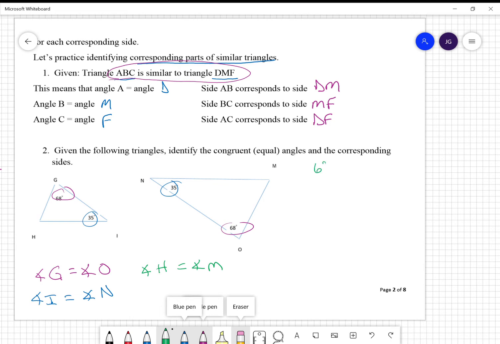If I take 68 and add it to 35, I get 103, and then subtract that from 180, that has to be my other angle.